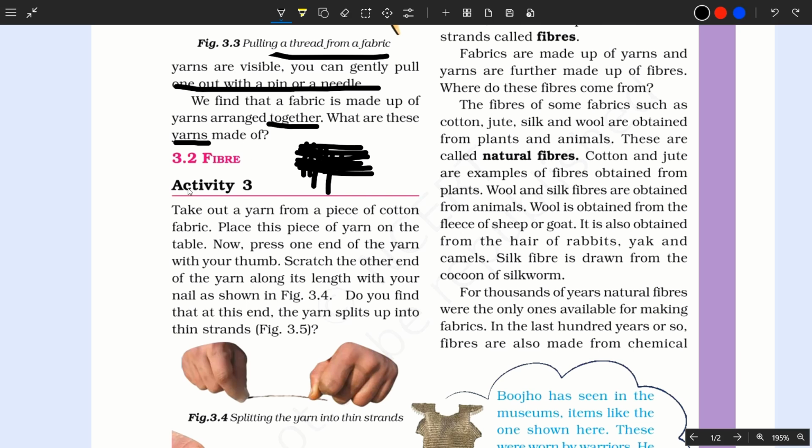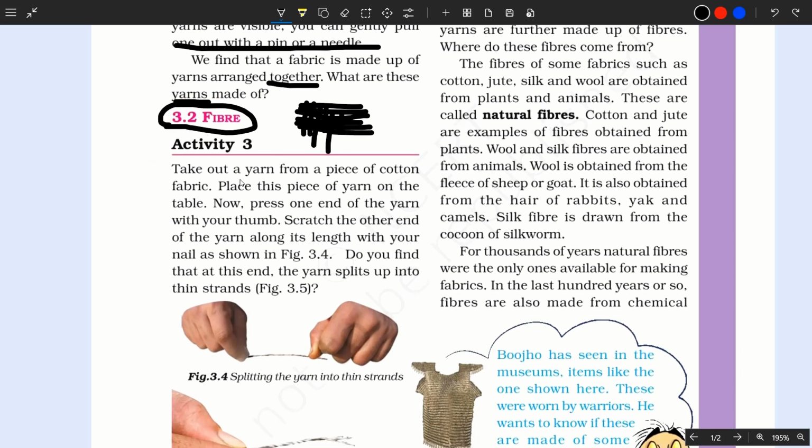Okay. Next, 3.2. Here we'll go for fiber. We will go for activity 3. Take a fabric and take out a yarn. When you have removed a yarn from the corner, right? Then take it out. Take out a yarn from a piece of cotton fabric.